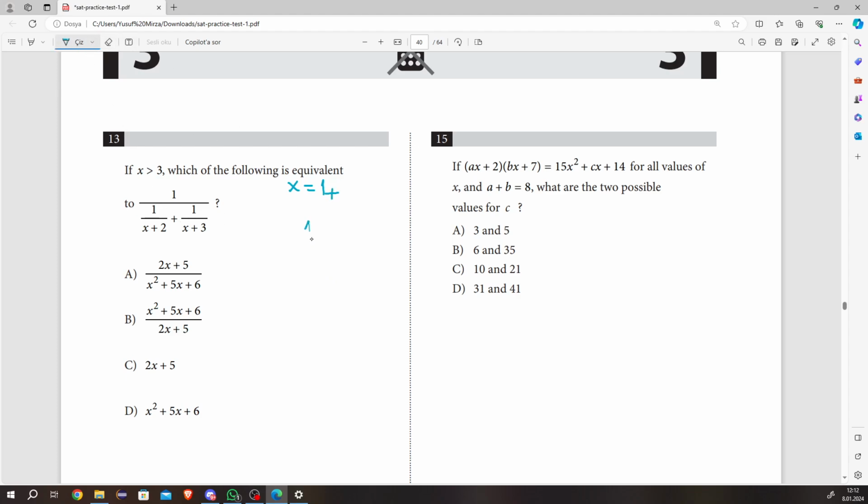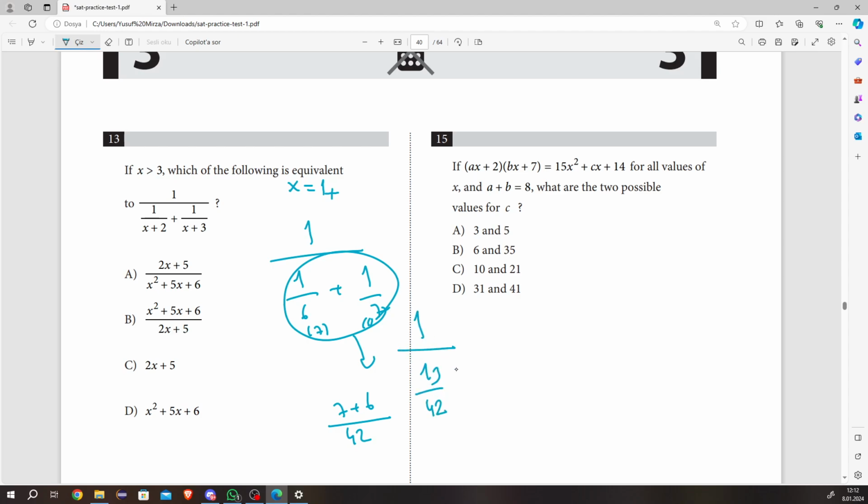And if you say 4, 1 and 1.7, and let's solve this place. Let's multiply them with 7 and 6, and we have this from there, and it's 13 divided by 42, and we should turn it upside down to solve this equation. The answer should be this.